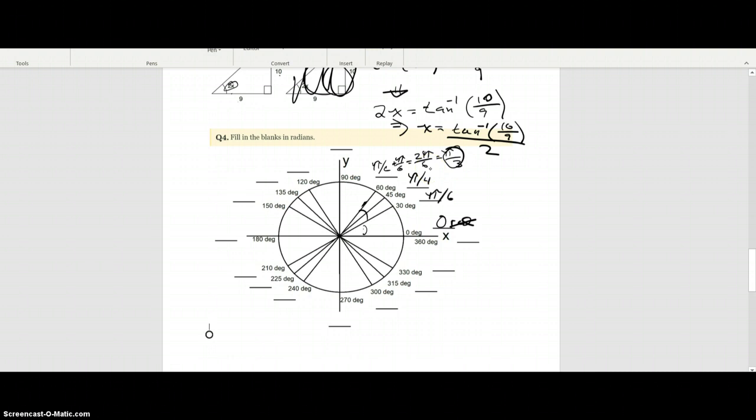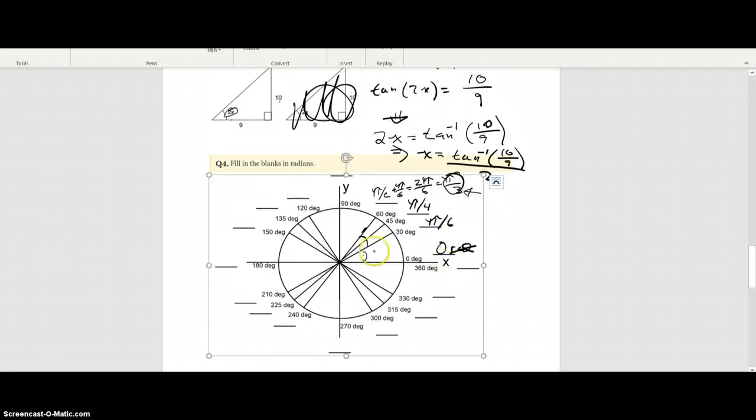Sometimes you'll deal with this one so much that you'll have it memorized. So this one's pi over 3. But when you go through this, it's good to even think of it as 2 pi over 6 and then just simplify it to pi over 3.